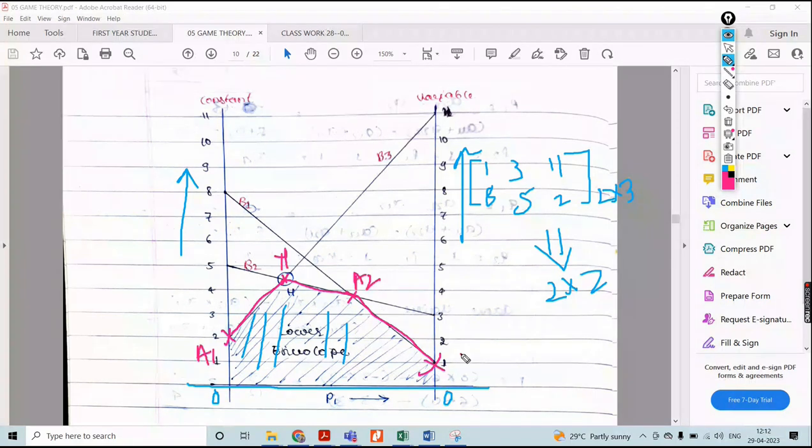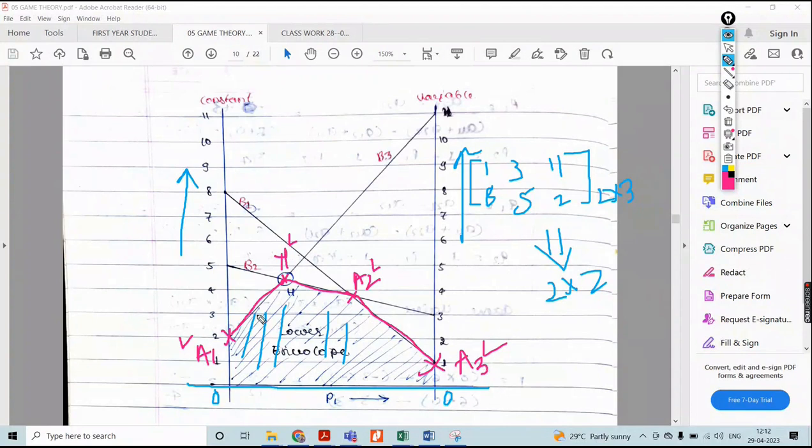The envelope that you are going to consider in order to hatch the complete area is completed by all these three lines, because this is B1, this is B3, this is B2. So I get this line of intersection covered by this area. Among that I am getting A1, then H, A2, A3.